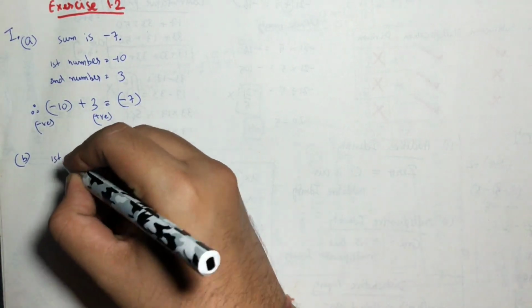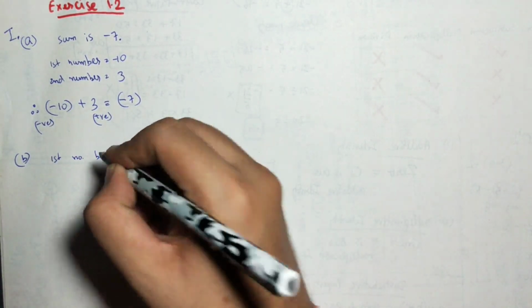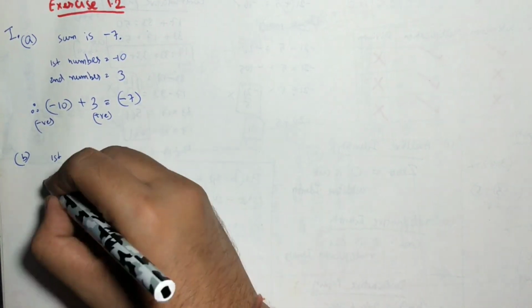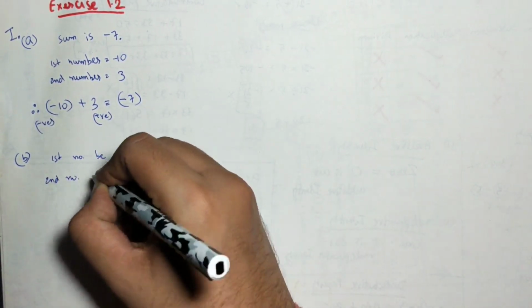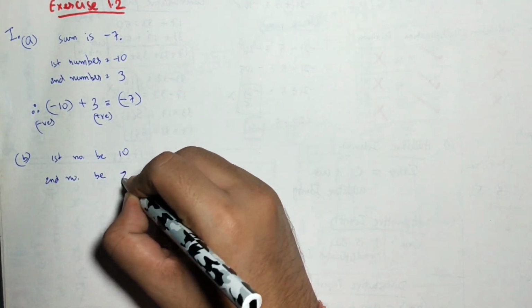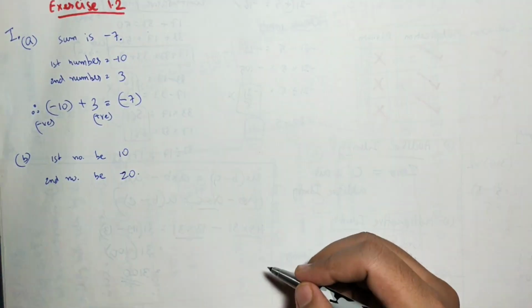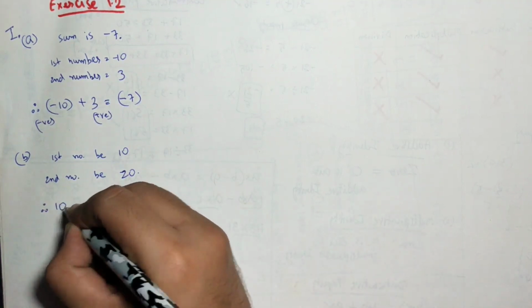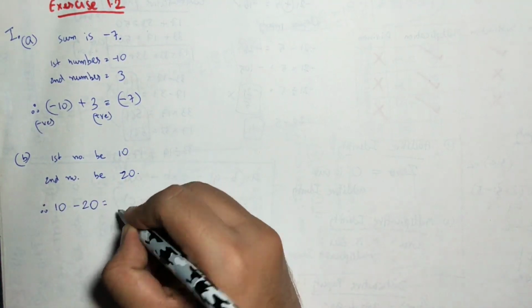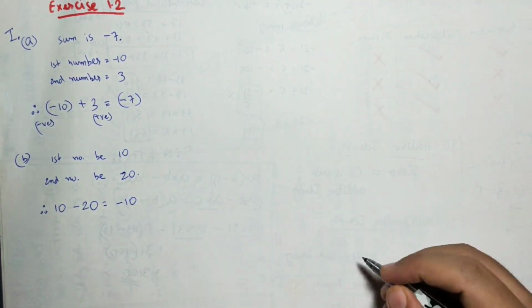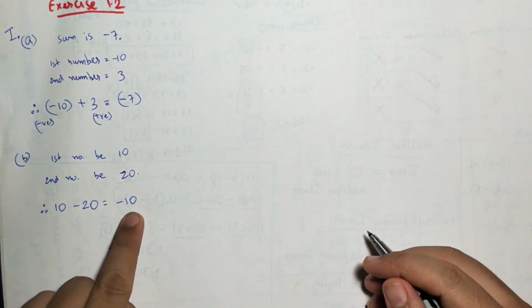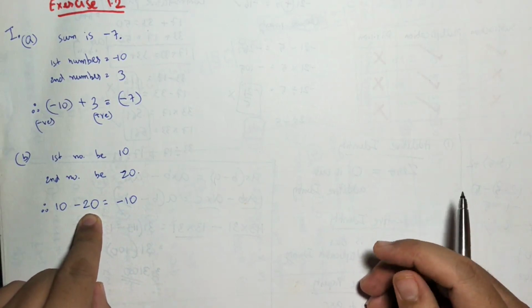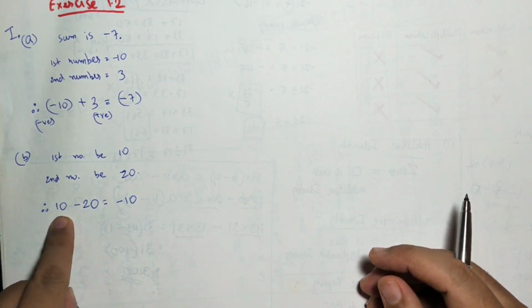So, let the first number be 10 and the second number be 20. Therefore, 10 minus 20 will be minus 10. The answer should come in negative. So, the number which is getting subtracted should be a greater number than the first number.